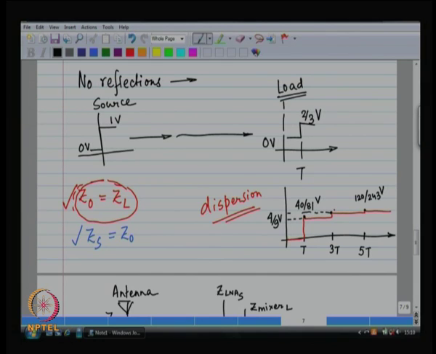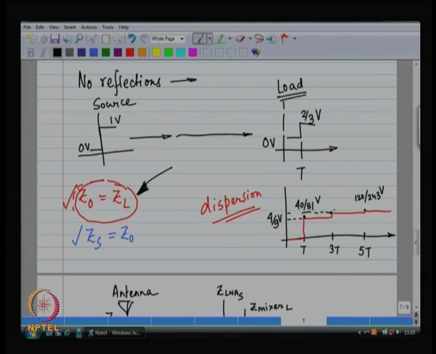We would like to see the same shape of the waveform being conserved, and that can be achieved when the characteristic impedance is equal to the load impedance. So, this is the golden condition that you want, load impedance equal to the characteristic impedance. This is when there are no echoes.